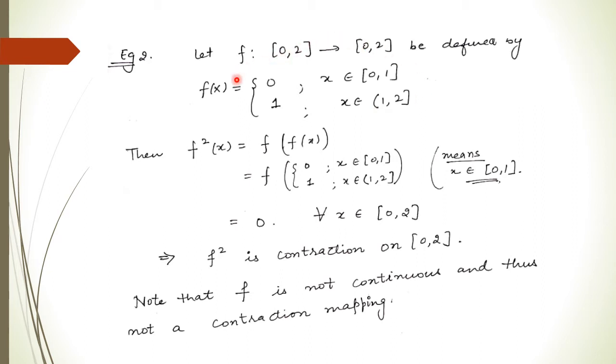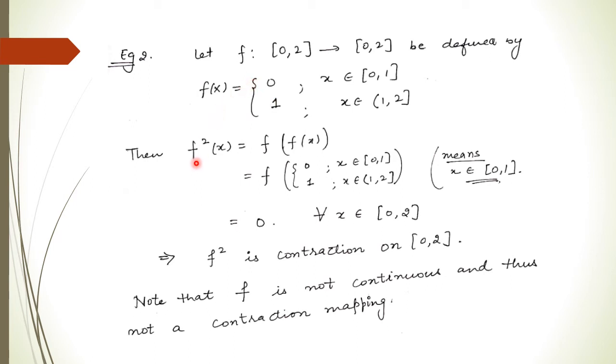Then clearly this mapping is not a contraction. Why? Because it is not continuous at x equal to 1. We know that every contraction mapping is a continuous mapping, so since this function is not continuous at x equal to 1, this is not a contraction mapping.